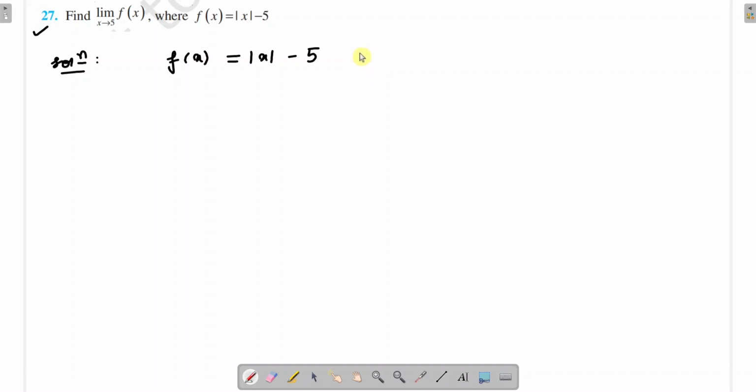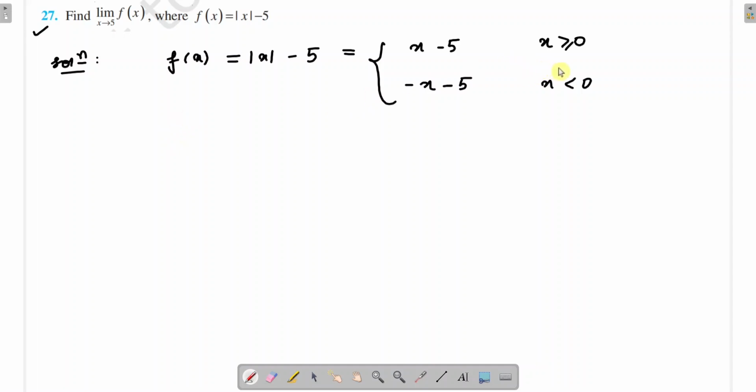So this is equal to what? When x is greater than 0, you will have x minus 5. We can take also greater than or equal to 0. So when x is greater than or equal to 0, it is x minus 5, and when x is less than 0, it is minus x minus 5.